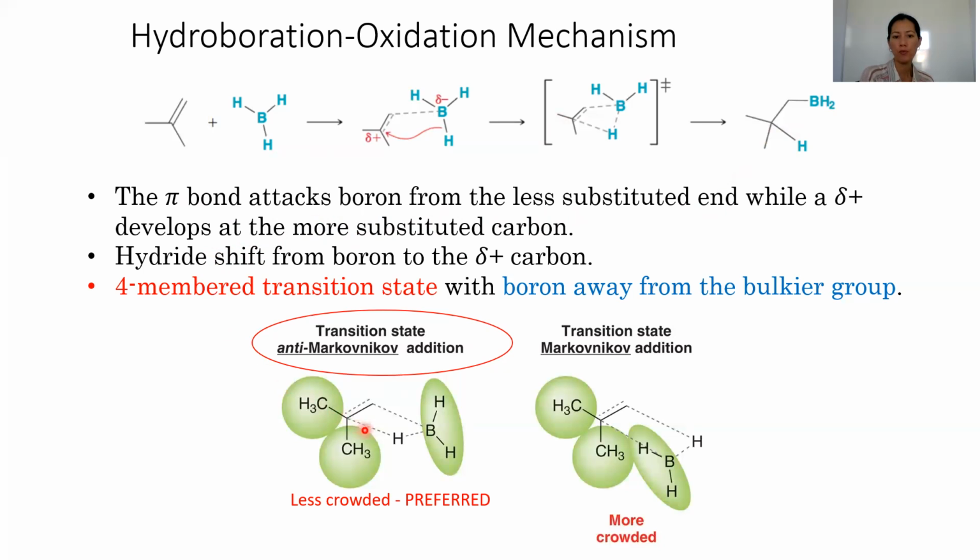It goes through this type of 4-member transition state, the same as above, but here I'm just showing this green is bulkier boron. Here's the bulkier, more crowded end. So these want to be as far away as possible. This anti-Markovnikov transition state is preferred versus this more crowded, less preferred Markovnikov addition.